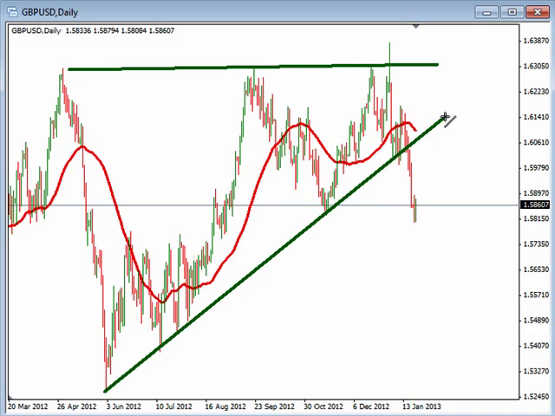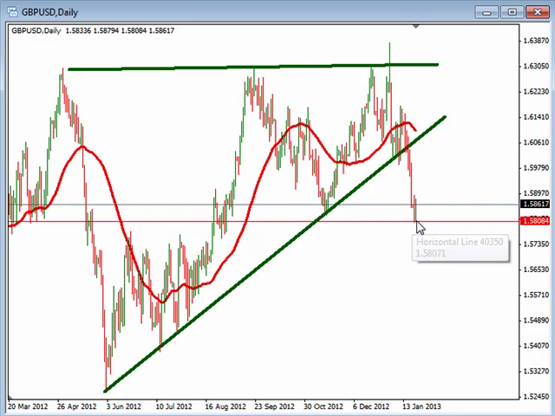We had kind of a triangle formation, and it broke through that. When it broke through, we certainly became more bearish. Now we're sitting at an area where the market is going to act as possible support. So this one's a little bit more choppy in how it's acting at this point.